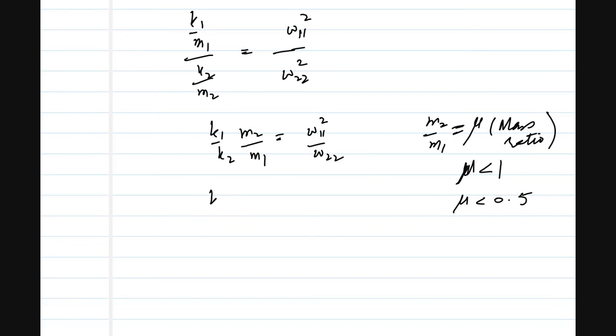Okay, so k1 over k2 is nothing but m1 over m2, or in other words, it's mu times omega 1 square over omega 2 square.